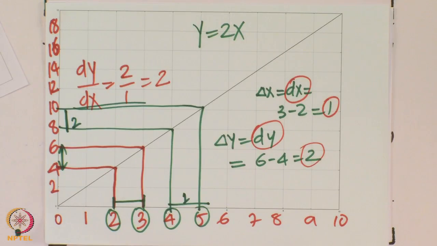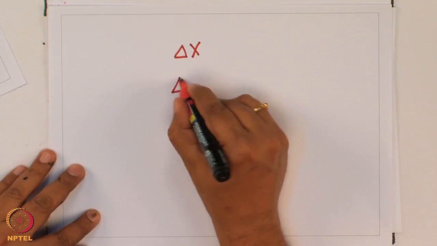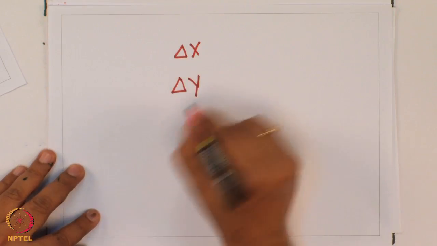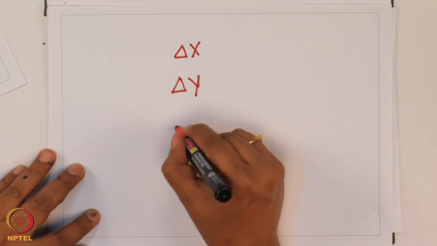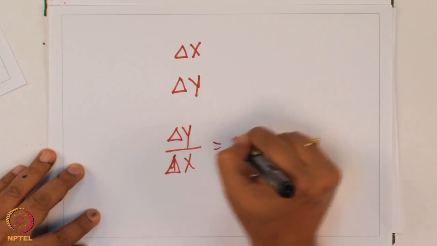So the point I want to make here is very simple: to calculate the derivative, take any two x values and calculate delta x, take the corresponding values and calculate delta y, and delta y by delta x is my slope.